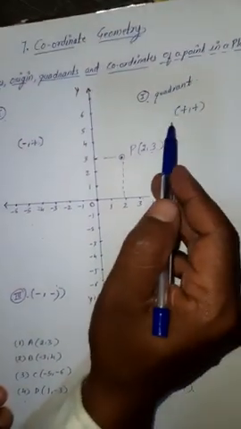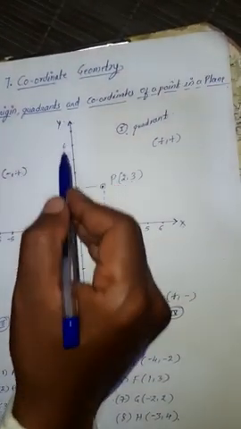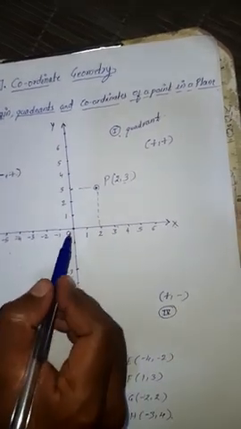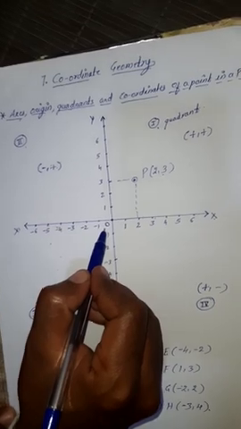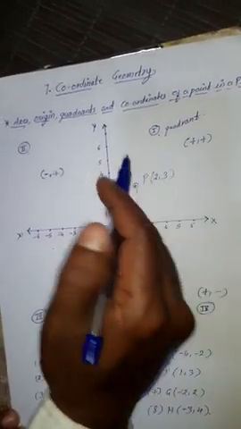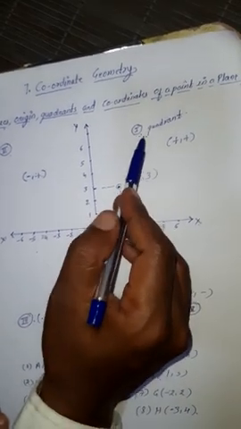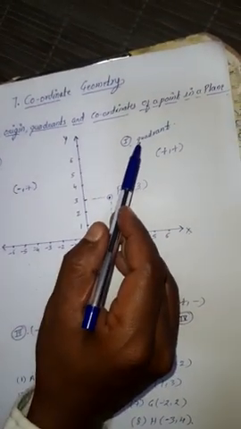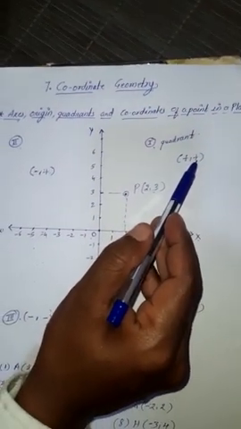Now once again let me discuss the x-axis and y-axis. It forms a coordinate system. Where they intersect, that point is called the origin. Again this x-axis and y-axis divide the plane into four parts: first quadrant, second quadrant, third quadrant, fourth quadrant. In the first quadrant both x and y coordinates are positive.